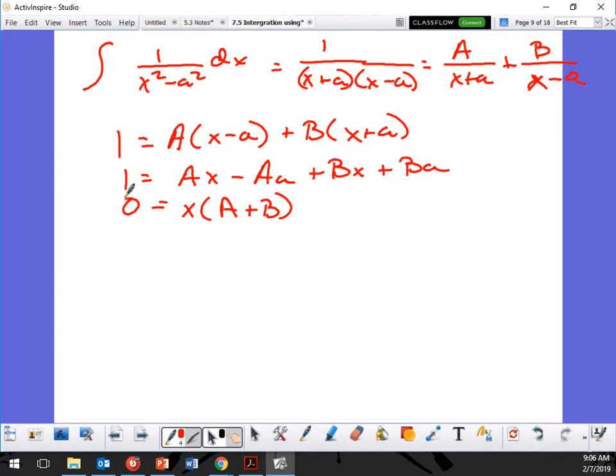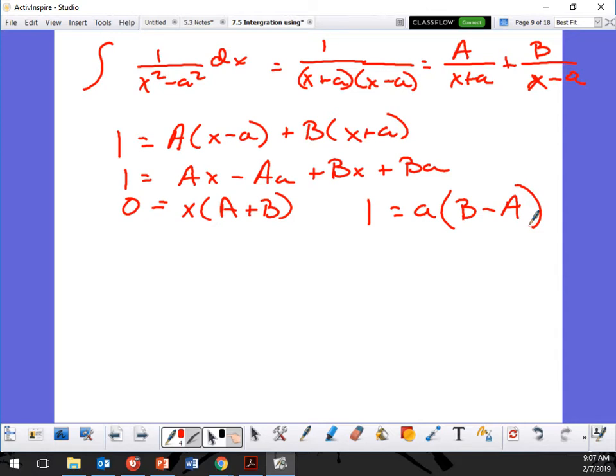And my other piece is going to be what? 1 would equal my other side, which is going to be the constants: a quantity big A minus, big B minus big A, because it's a negative big A. So those are my different parts there.